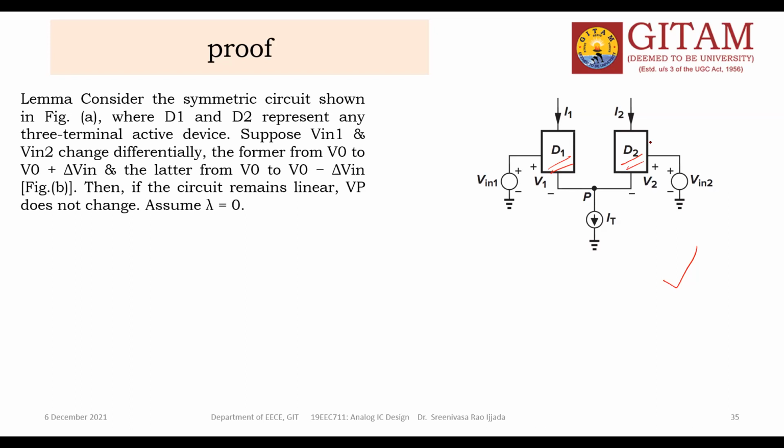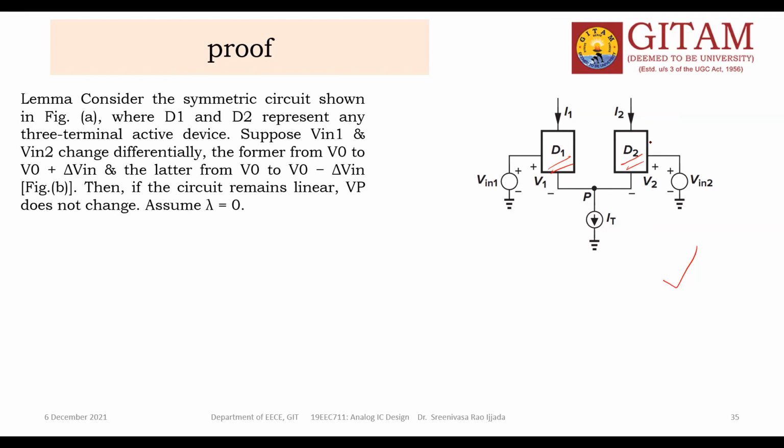Can you name two active devices having three terminals? One is MOSFET, another is BJT. So both are active devices and have three terminals.